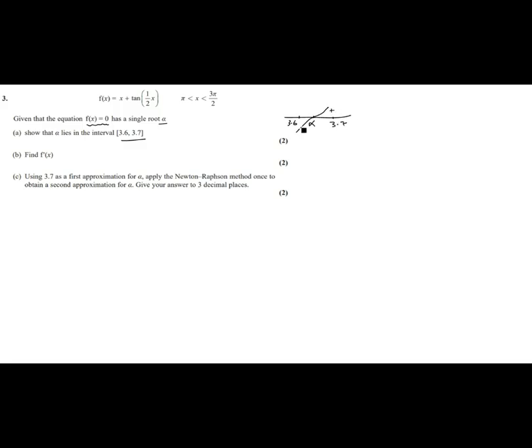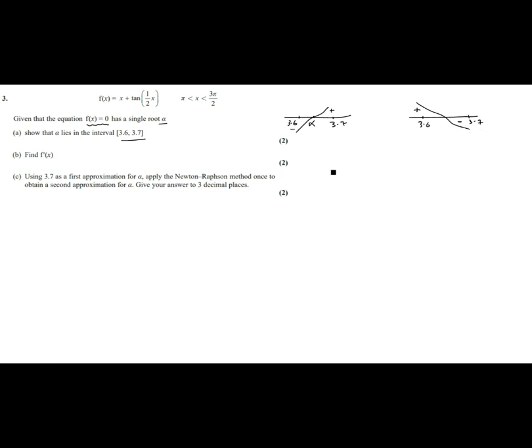Either this will be positive and this will be negative, or the other way around, it will be something like this. This is not the exact shape of the graph, just a rough graph to understand. Assuming this is a continuous function, you just have to check for the sign change.